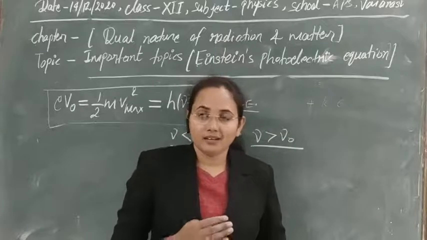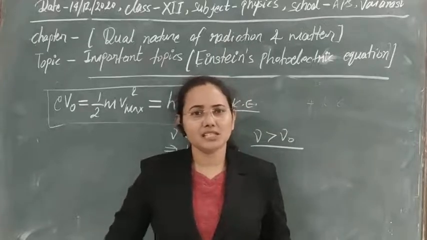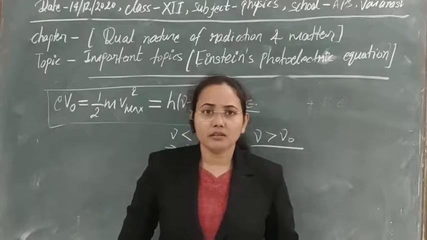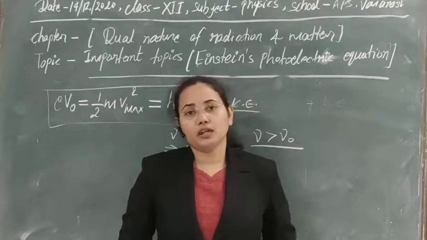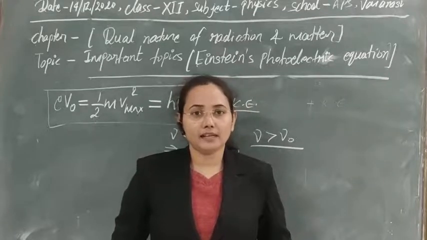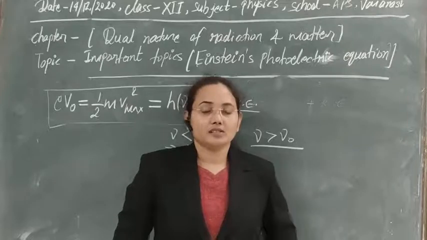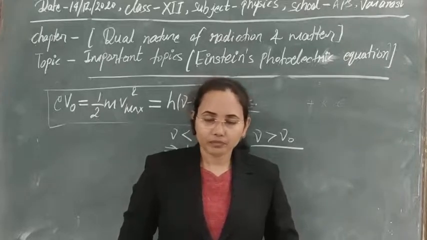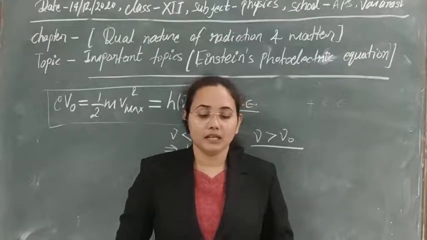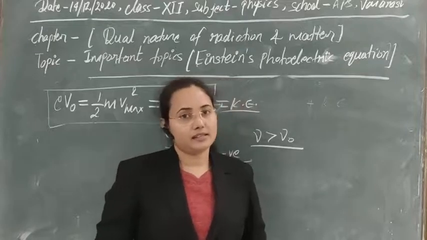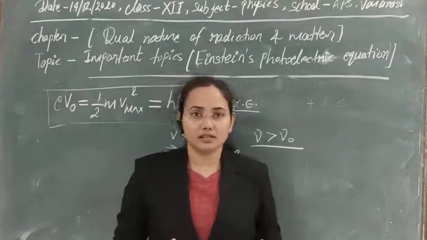Or can light have two types of nature? How is it possible for any radiation to have two types of nature? Later this concept was totally accepted, and it told us that light possesses dual nature.